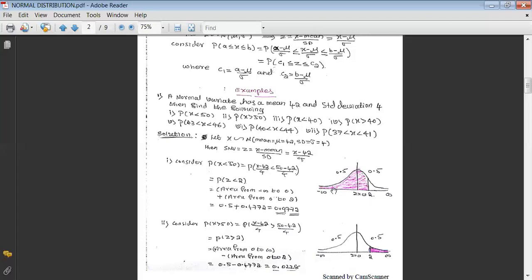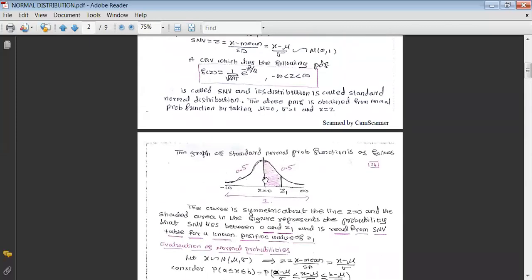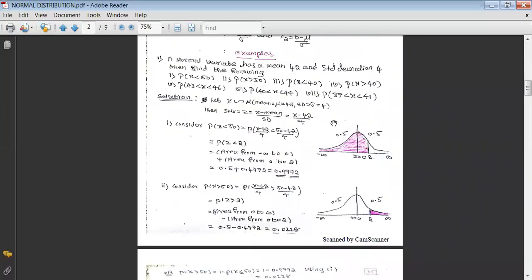As we know, from the standard normal table we can read the area from 0 to something, so every situation has to be converted into the form of 0 to something, so that we can read the area or probability from the table.